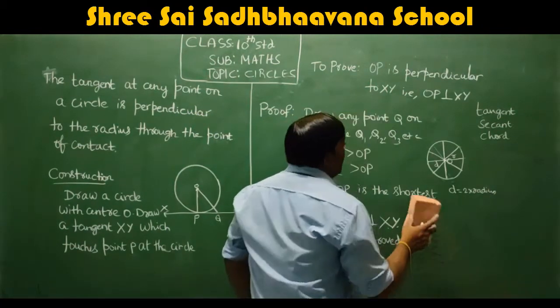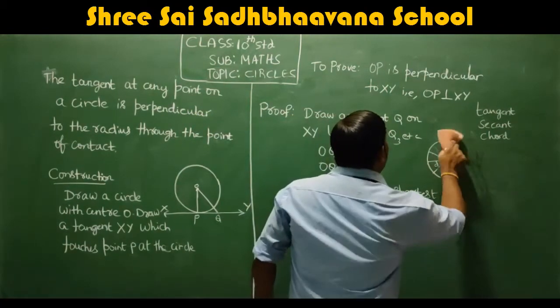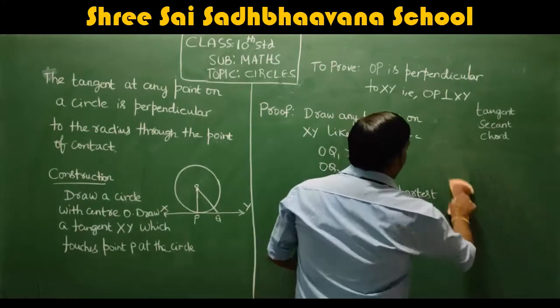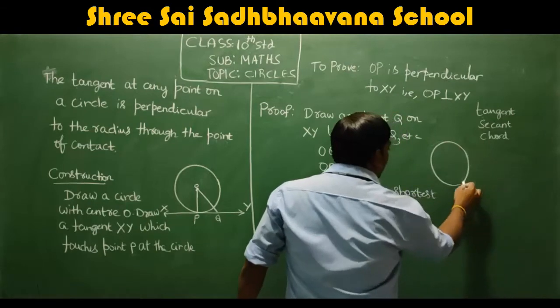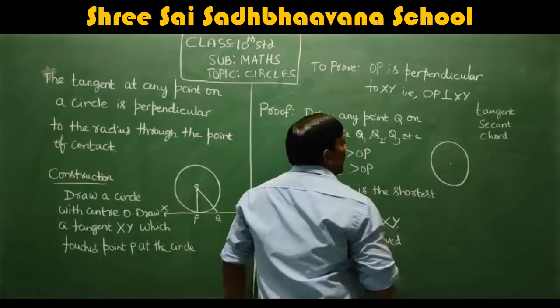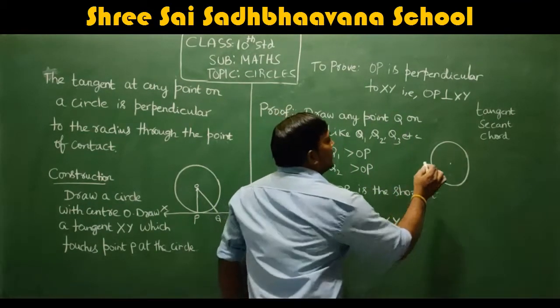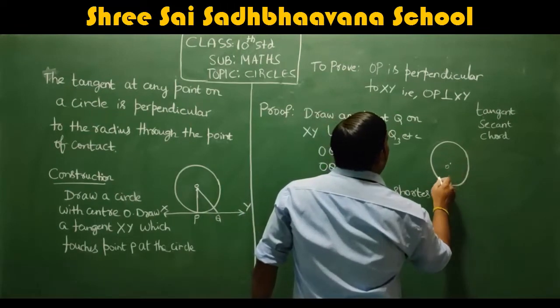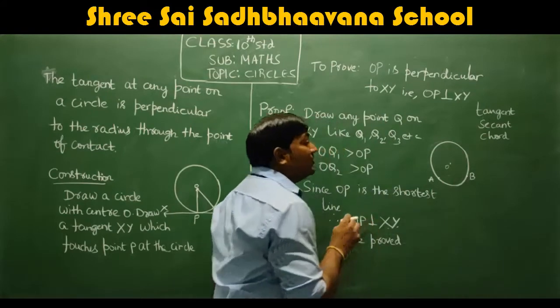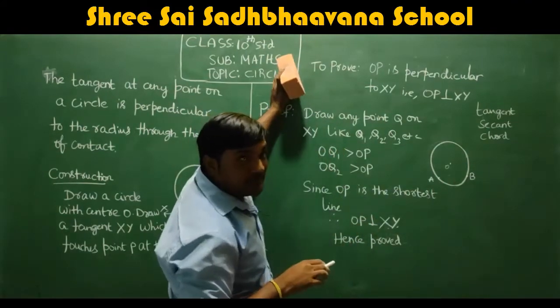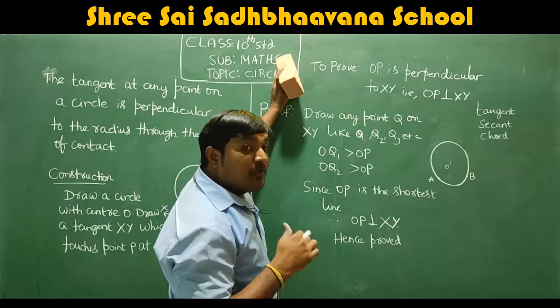So next, what is called? Let me go with chord first. C-H-O-R-D. What is a chord? For example, if you consider this circle with center O, let me consider 2 points A and B here. You have to take points that lie on the circle.